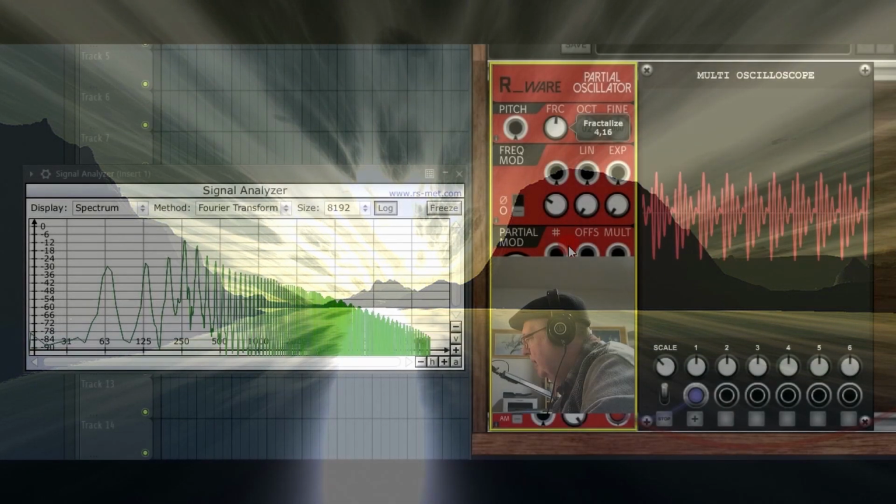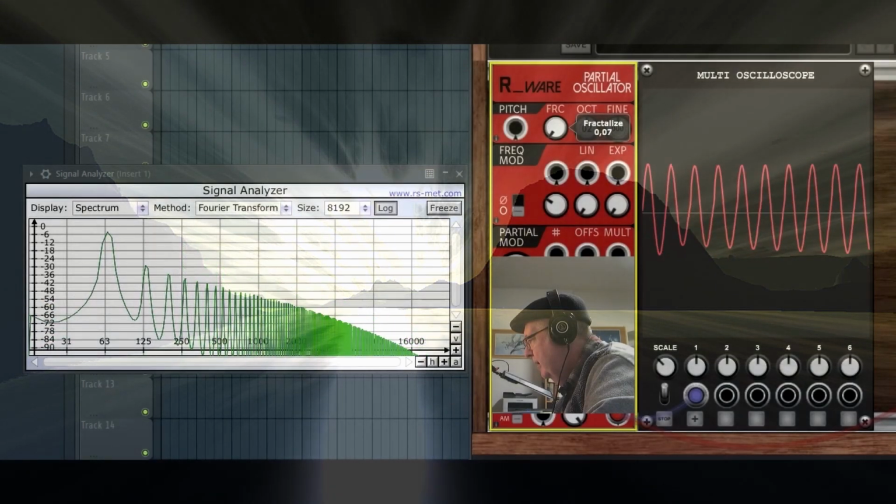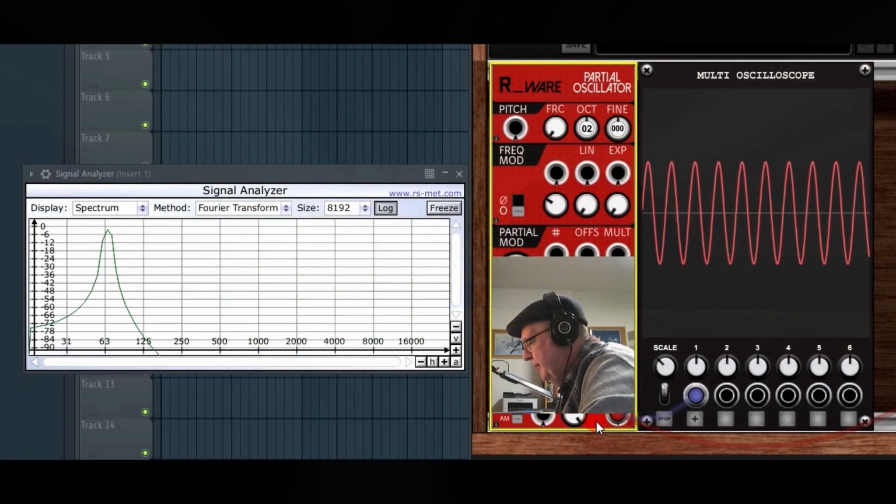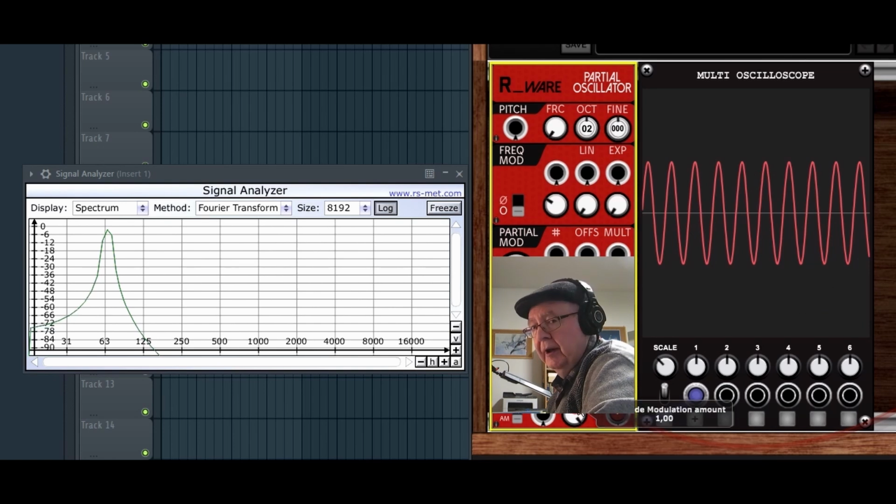And back again. Let me mention already here in this early stage of the video that the fractalizing function works also in LFO mode, and it works together with all other wave shaping and timbre modulating functions of the module.